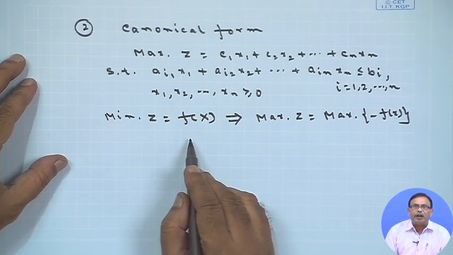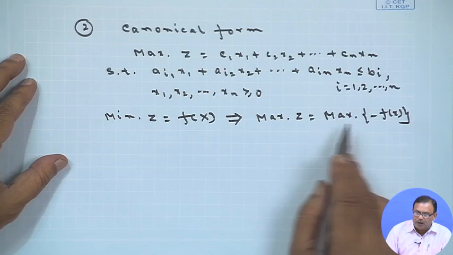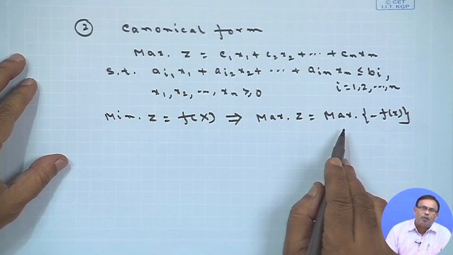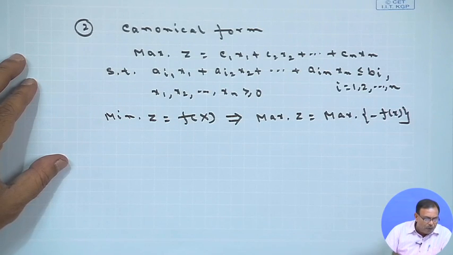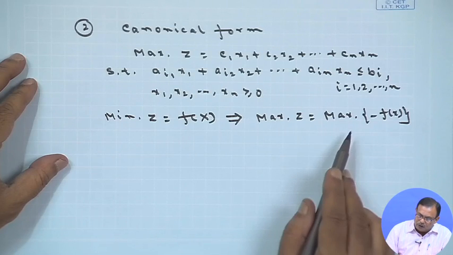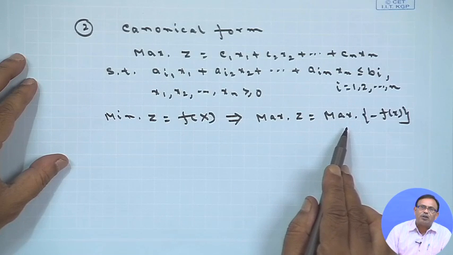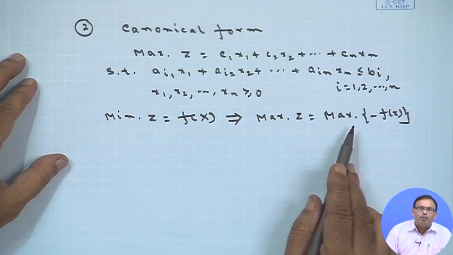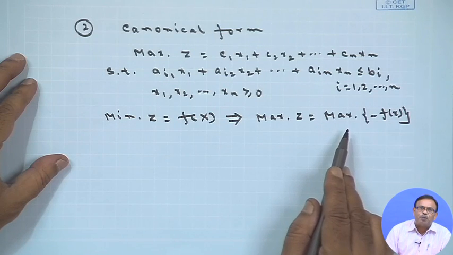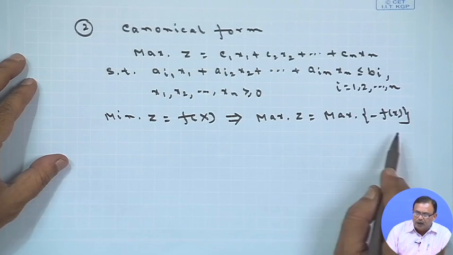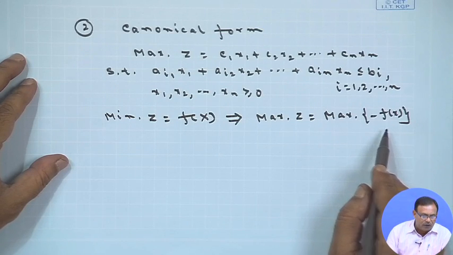That is, if I take the negative of this, then automatically the minimization problem will be transformed into a maximization problem. So, if my problem is a minimization problem, I will transform it into a maximization problem by taking the negative of the objective function.